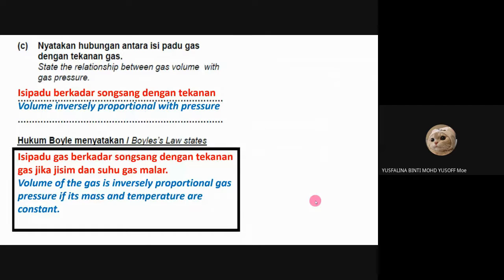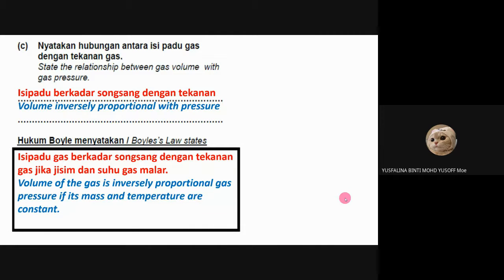So what does Boyle's law state here? It states that the volume of gas is inversely proportional to the gas pressure if its mass and temperature are constant. So this one is Boyle's law. What does it mean when it says the mass is constant?